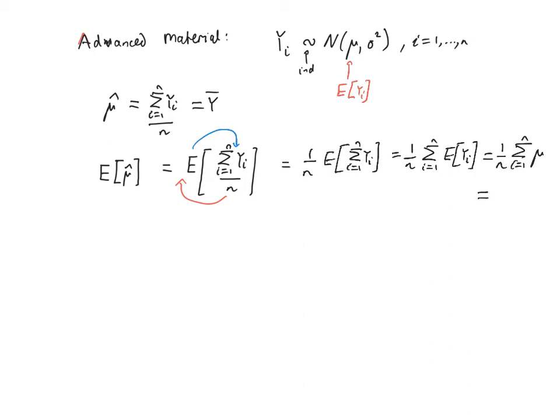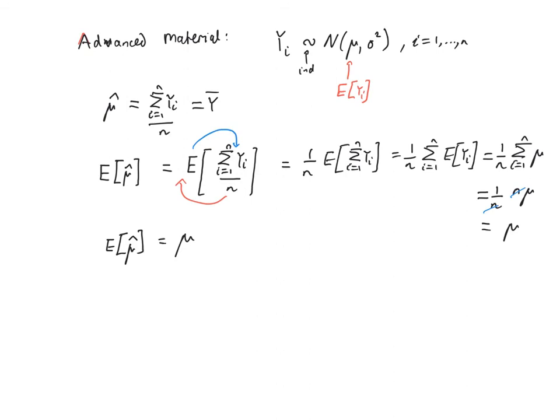Now when we sum up a constant n times, we've seen twice already, that's just n times the constant. So we end up with just mu, because the n's cancel. So what we have is that the expected value of mu hat is equal to mu.